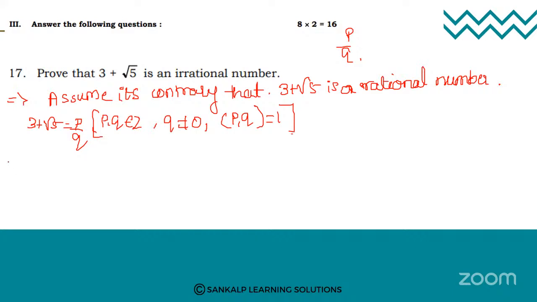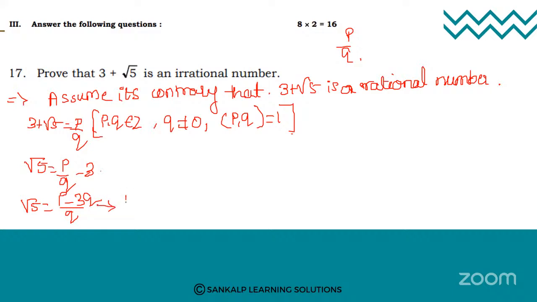Now transfer this 3 to this side. So root 5 is equal to p by q minus 3. Now take LCM. LCM is q here. So root 5 is equal to p minus 3q divided by q.